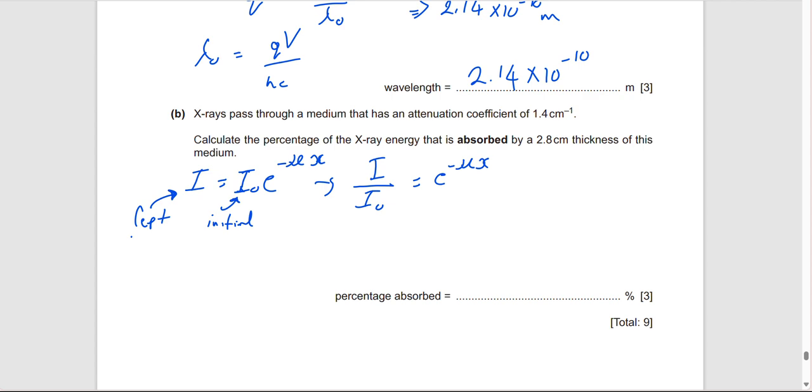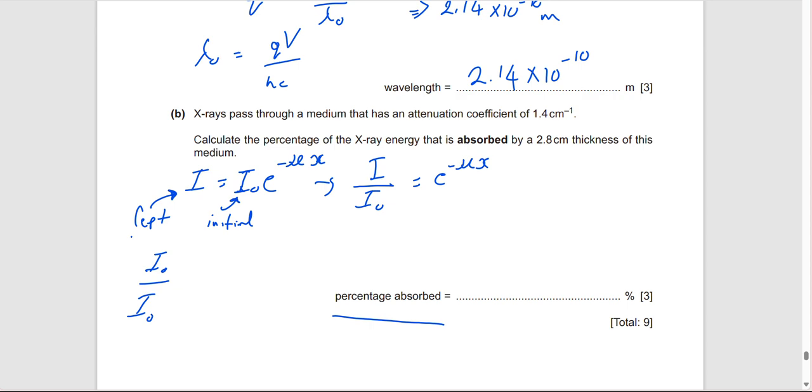So here we know that we want the percentage that is absorbed, right? So this is the fraction of what is left. The fraction of what we had initially, we had I naught. So we can go I naught over I naught. This is the fraction of what we had, which is just 1, right?